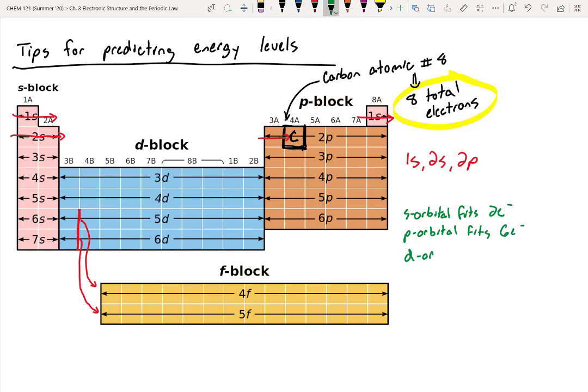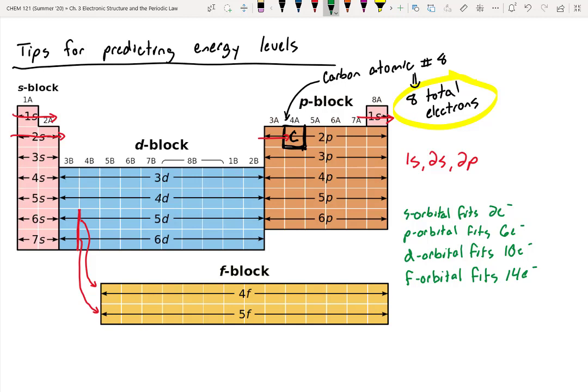D orbital, if you remember, it has 5 atomic orbitals, which means it can fit 10 electrons. We can fit 2 in each atomic orbital. And for our f orbital, we can fit 14 electrons because it's made up of 7 atomic orbitals.